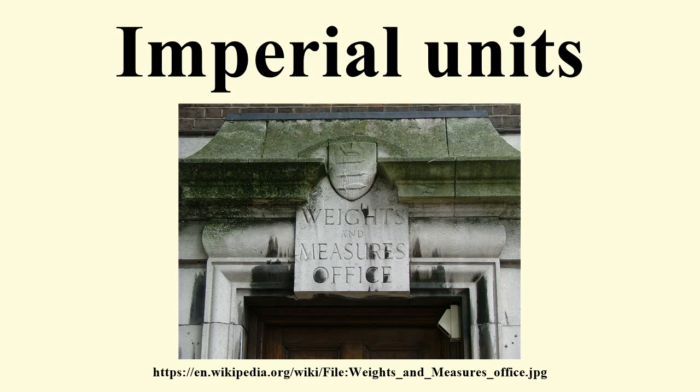However, following the destruction of the original prototypes in the 1834 Houses of Parliament fire, it proved impossible to recreate the standards from these definitions, and a new Weights and Measures Act was passed in 1855 which permitted the recreation of the prototypes from recognized secondary standards.